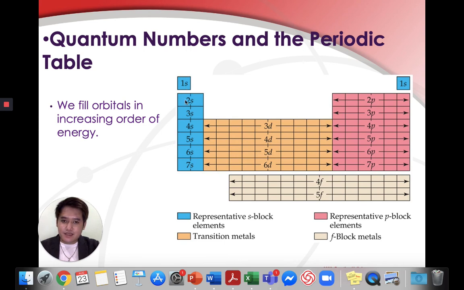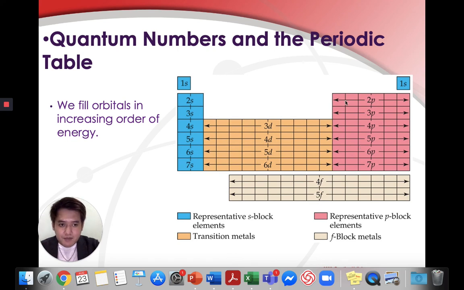Okay, and then it reflects now. This is your S block. This will be a useful tool later on. This is the P block. Take note that S has two cells in the periodic table, representing the maximum of two electrons that the S orbital can hold.